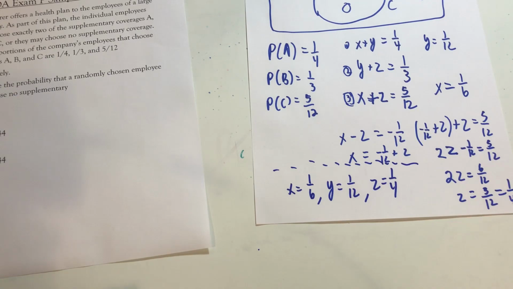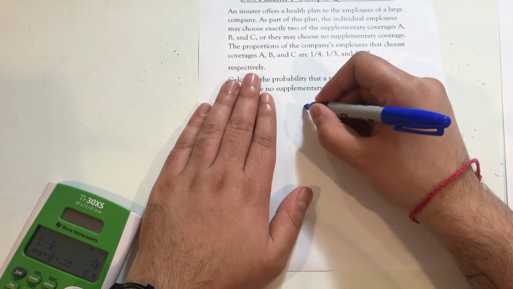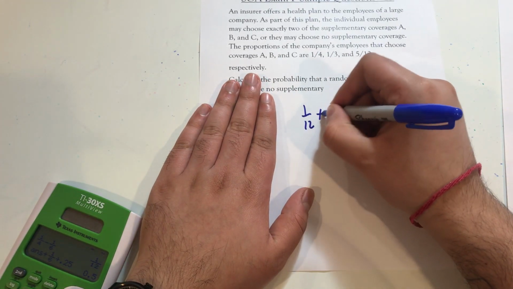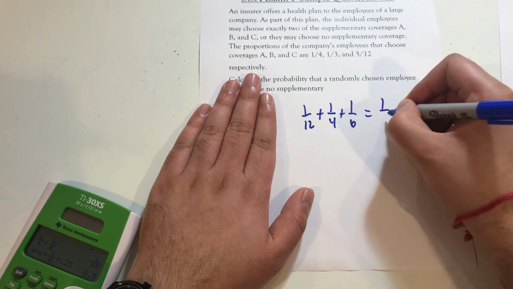Adding those up, 1/12 plus 1/6 plus 1/4 gets me 1/2.